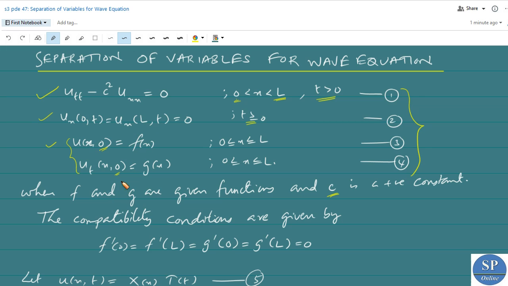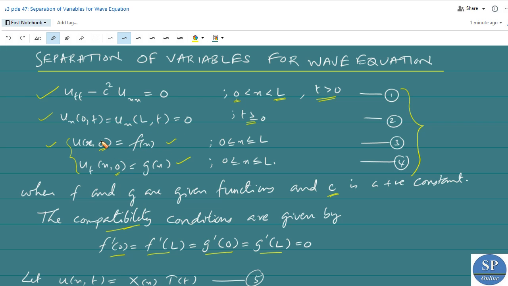Now here the compatibility conditions are given by f dash of 0 equals 0, f dash of L equals 0, g dash of 0 equals 0, and g dash of L equals 0. This is because we are given the initial conditions f of x and g of x, and the boundary conditions are u_x(0,t) equal to u_x(L,t) equal to 0.